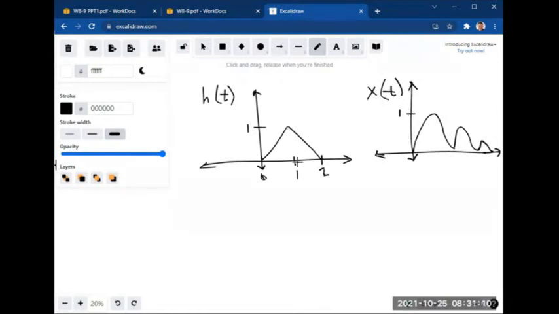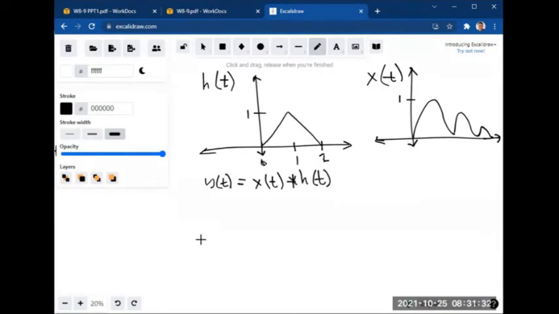So what will happen here is for the convolution of these two signals, again, the input signal is what triggers the impulse response. In this case, x of t again will activate h of t.